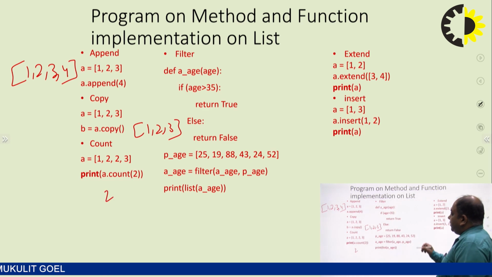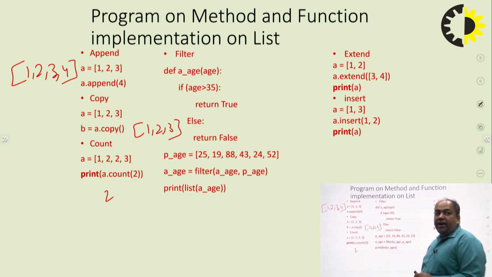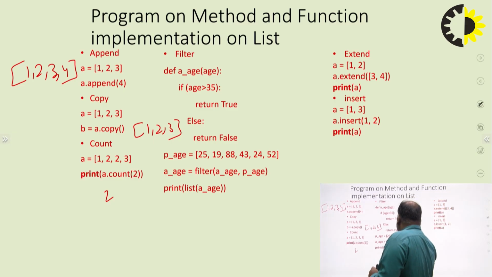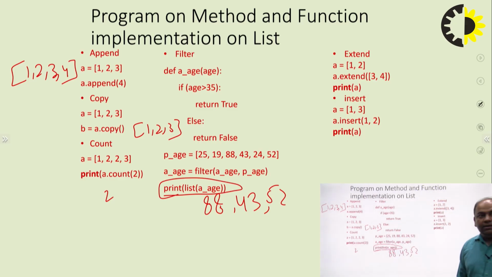Filter is for returning by condition. In this program we define an age, and age greater than 35. So the output when age is greater than 35 is 88, 43, 52. It is the output of print list A colon age. Extend is 1 2 3 4 and insert is 1 3 1 2.